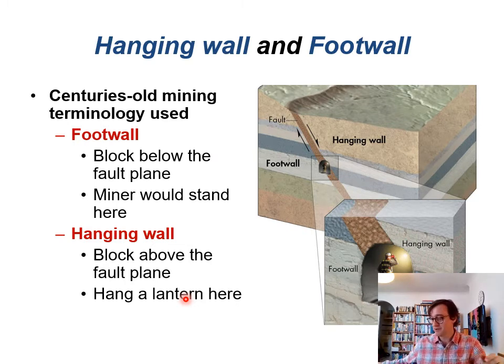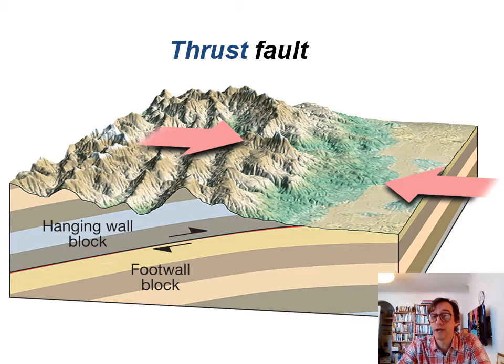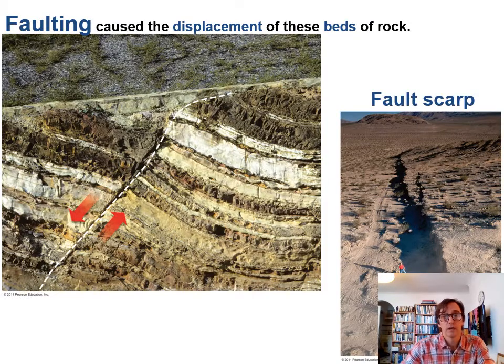Thrust fault, like I say, is when the angle is less than 45 degrees, maybe a 20-degree angle. Here the hanging wall block slides across the footwall block, and you have what's called a thrust fault.